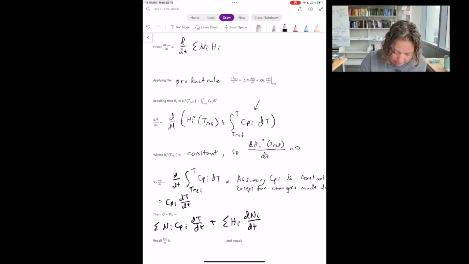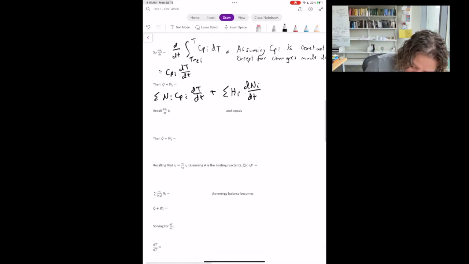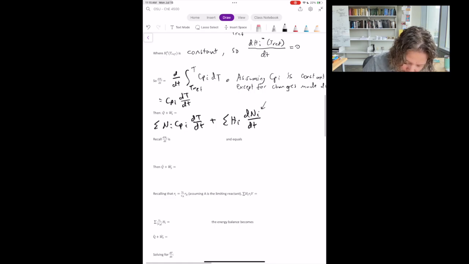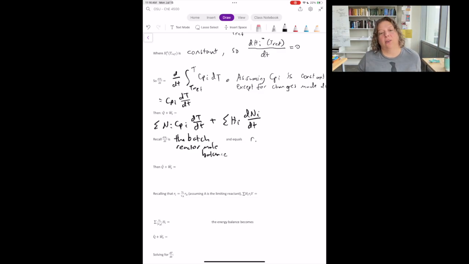If we want to focus now on this term, recall that that is the mole balance of the batch reactor, and we know that equals Ri times V. So dNi/dt for a batch reactor is going to be equal to the net rate of species i times the system volume.